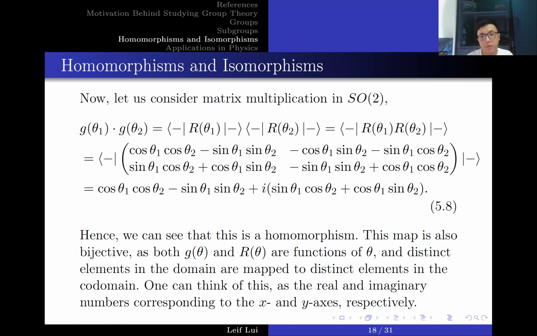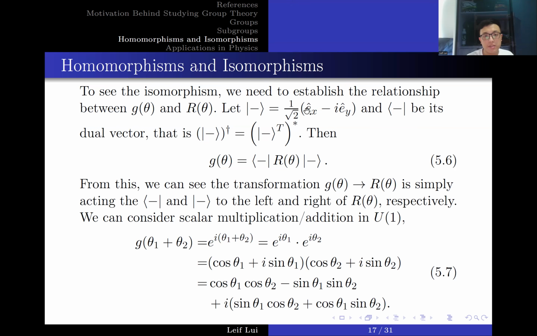Another way we can think of this is that the real and imaginary parts correspond to the x and y axes respectively, because sine theta can be represented as the y-axis and cos theta as the x-axis in polar coordinates. Since we're considering unit polar coordinates of a unit circle, this is simply the y coordinate and this is simply the x coordinate.